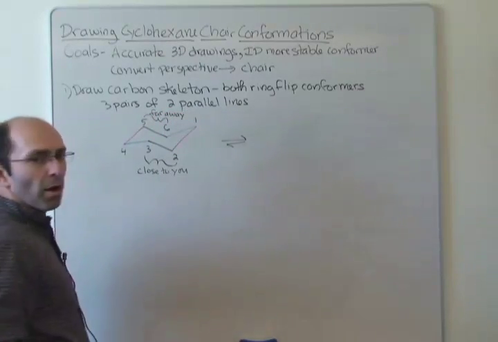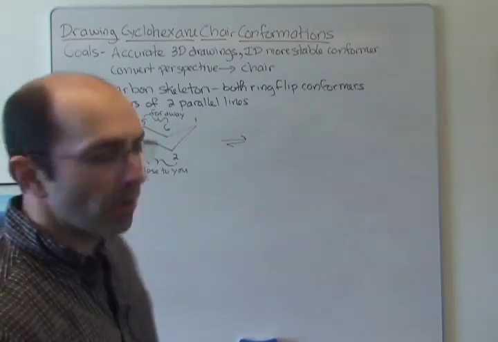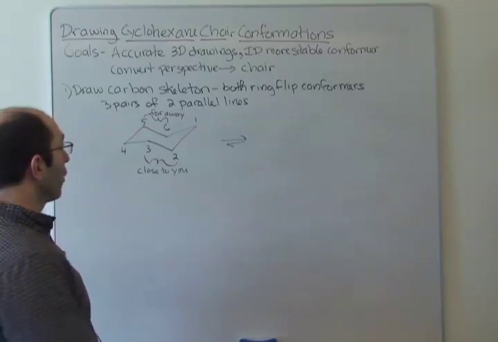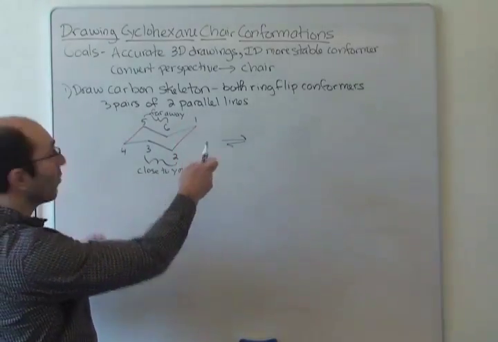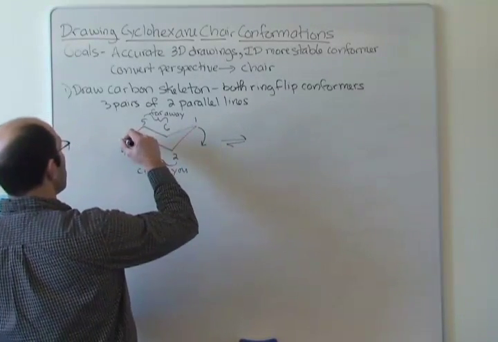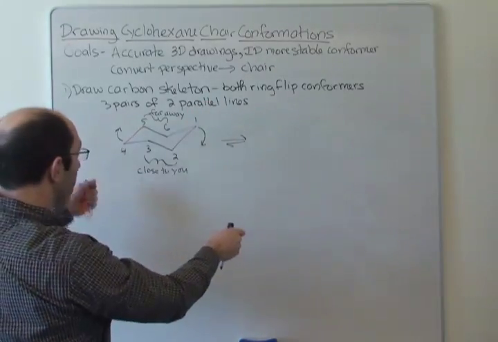Hold your model and look at it: 2 and 3 are the closest to you, and 5 and 6 are the farthest away. When you do the ring flip, grab a hold of carbon 1 and carbon 4. Take carbon 1 and move it down, take carbon 4 and move it up. So 1 comes down, 4 goes up.